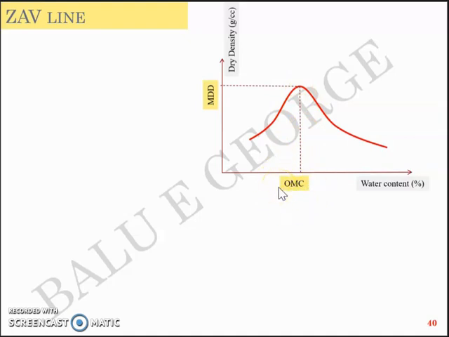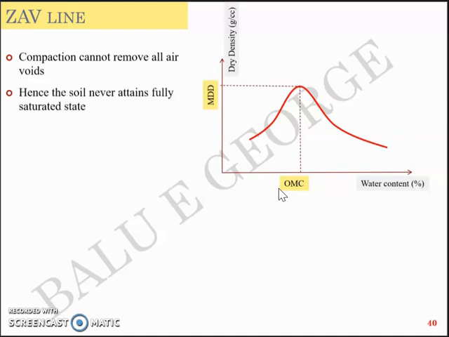But it's a fact that compaction cannot remove all the air voids. Even if we use a maximum compaction level and a maximum possible number of layers and ensure accurate compaction, you cannot actually obtain 100% saturation. Compaction in short cannot remove every air void that is present. Hence the soil will never attain a fully saturated state.